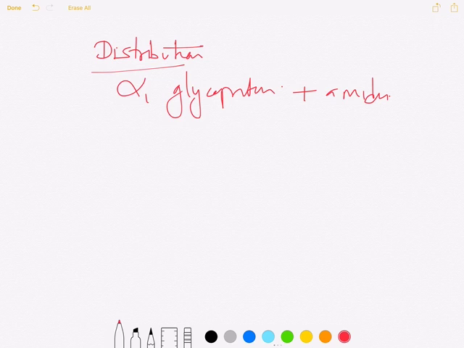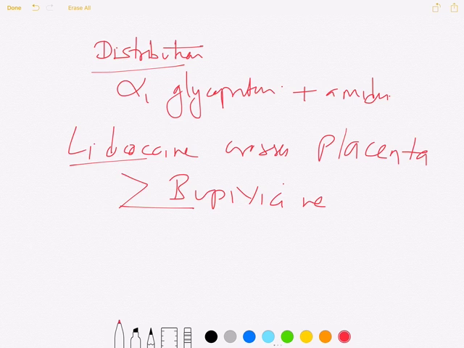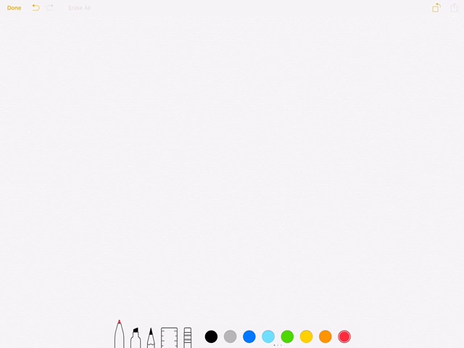So lidocaine crosses the placenta more than bupivacaine. Just remember that. And when inside the fetus, because the fetus has low pH, as you know, or you should know, the lidocaine becomes ionized and is trapped. That's called ion trapping. That's sometimes asked too. Next is metabolism.